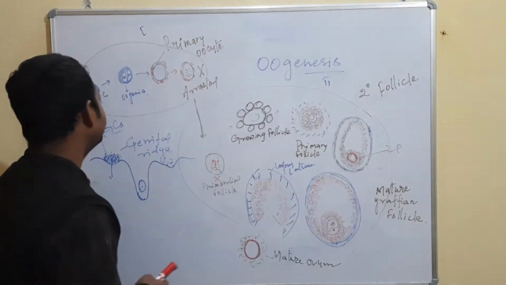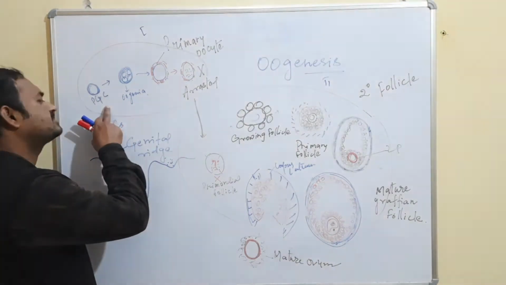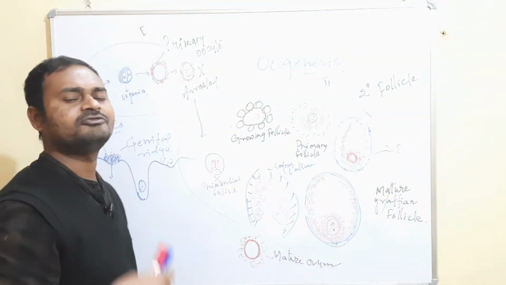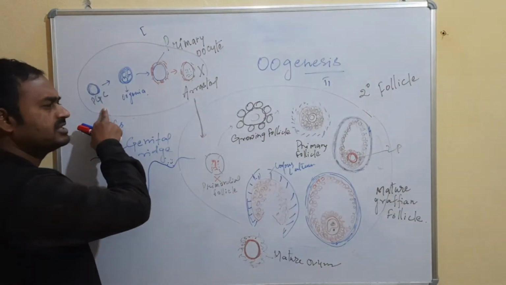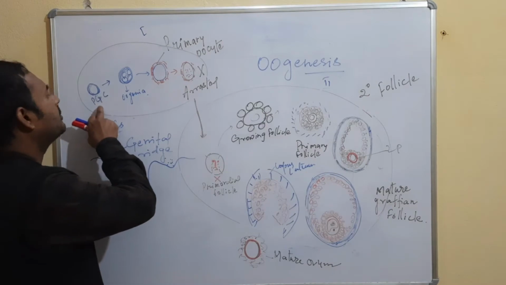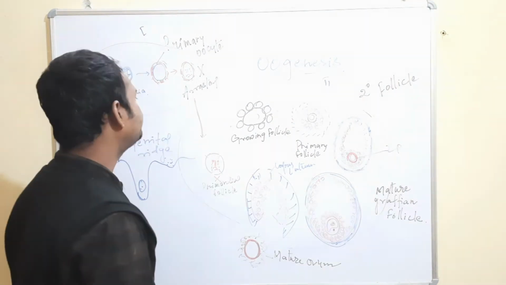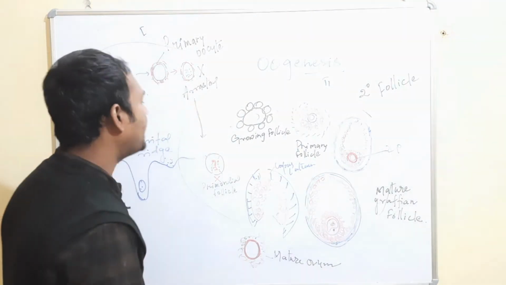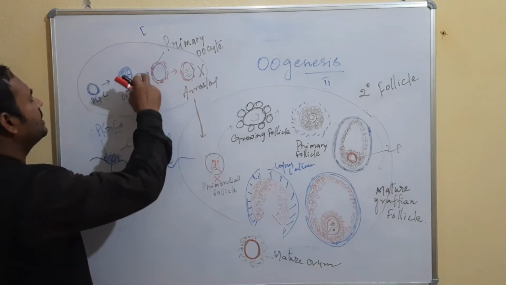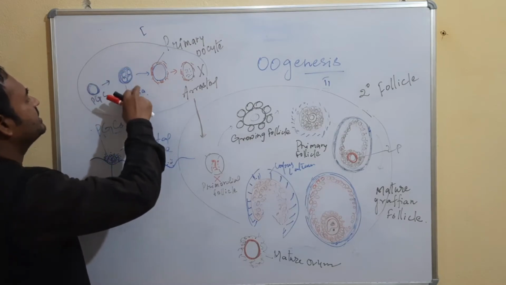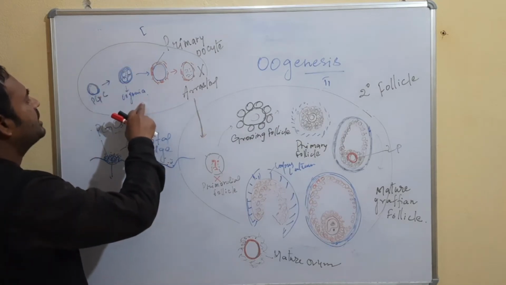Now let us begin our study in the embryonic stage. The progenital germ cells, under some influence, will turn to the female fate. Under subsequent multiple mitotic divisions, the progenital cells will form the oogonia. These oogonia are wrapped in an envelope, and there could be 4 or 5 cells here.